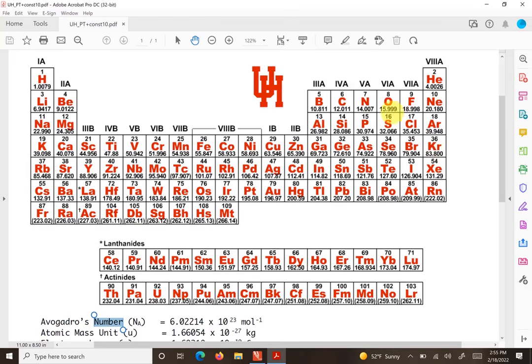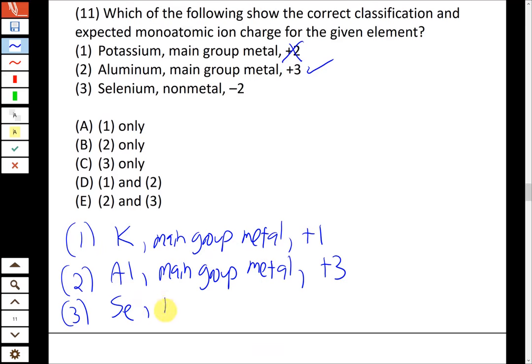So this whole column here, oxygen, sulfur, selenium, if it forms an anion, we expect it to be a -2 anion because they need 2 more electrons to get to their nearest noble gas. So selenium, the correct classification is non-metal. And we expect the anion charge to be -2. That all matches up. So both of those are correct. 2 and 3 are both correct. So choice E would be what we would choose here.